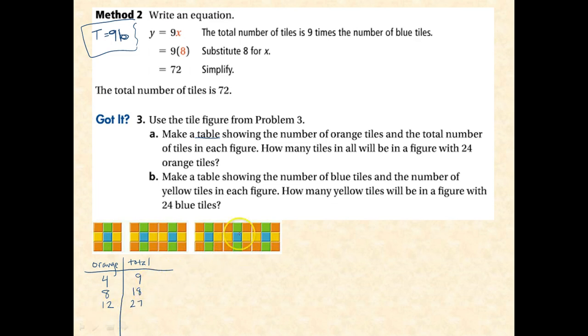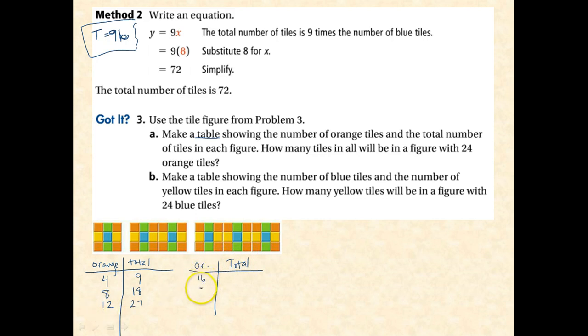So let's see, how many tiles in all will there be in a figure that has 24 orange tiles? Well, each time we go up by 4 here, we're going up by 9 here. So if I go up 4 more, that would be 16.